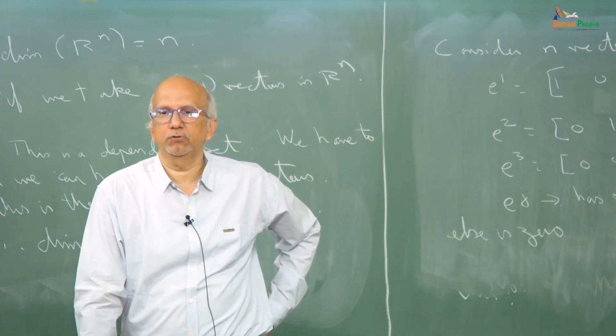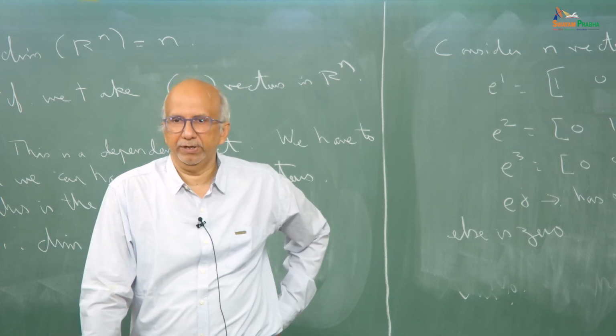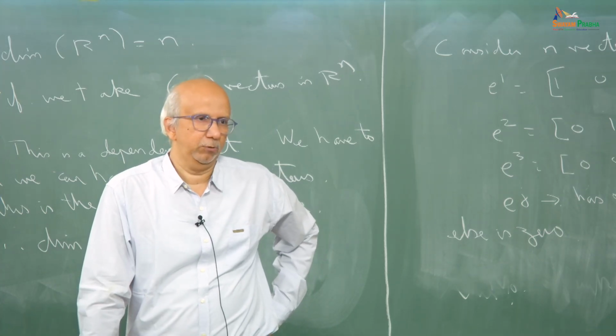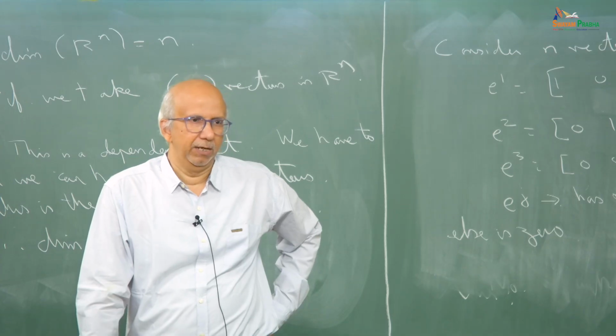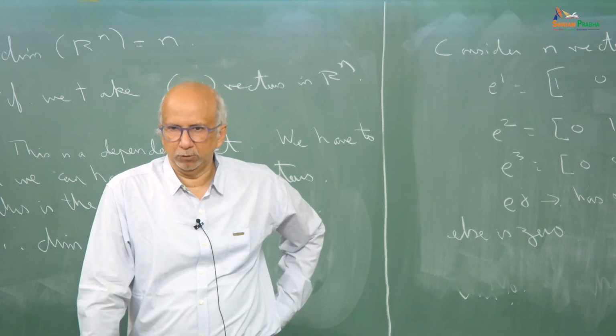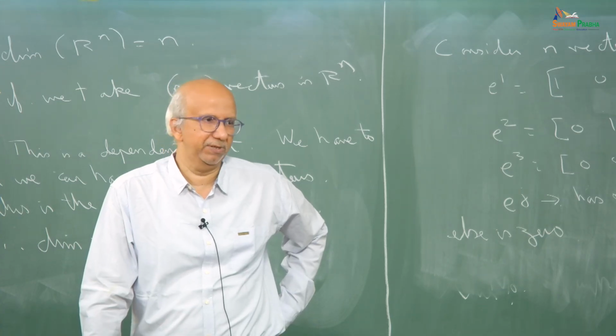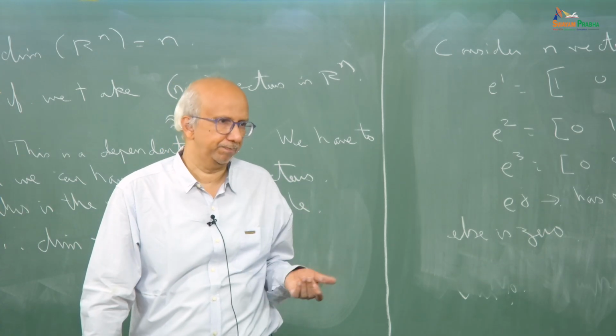and if I can prove that this set of n vectors is independent, that is, if I do sigma Ci Ei, this will have only Ci equal to 0 as the solution, then that is the maximum set possible, and therefore the dimension is n. That is the argument.